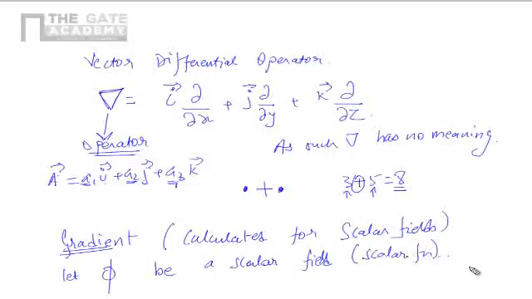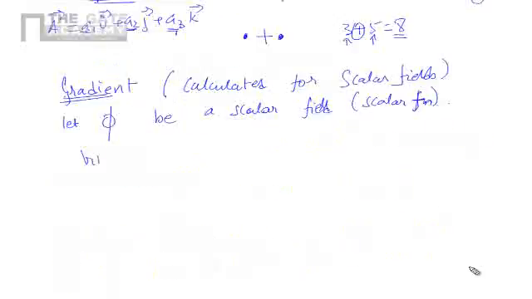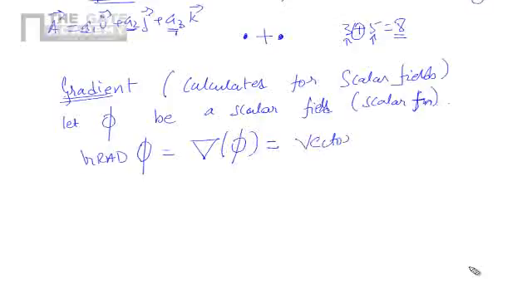As such, in mathematical terms it is a scalar function. And then I define the gradient of phi. I write it as grad phi, equal to del phi. The result will be a vector. Please remember that phi is scalar, whereas del phi is a vector.